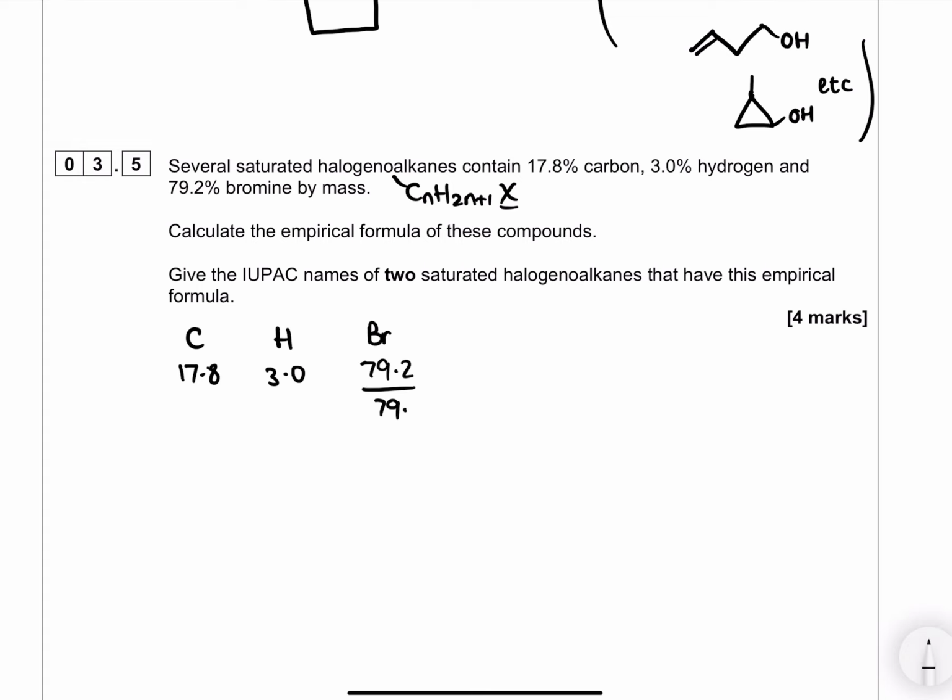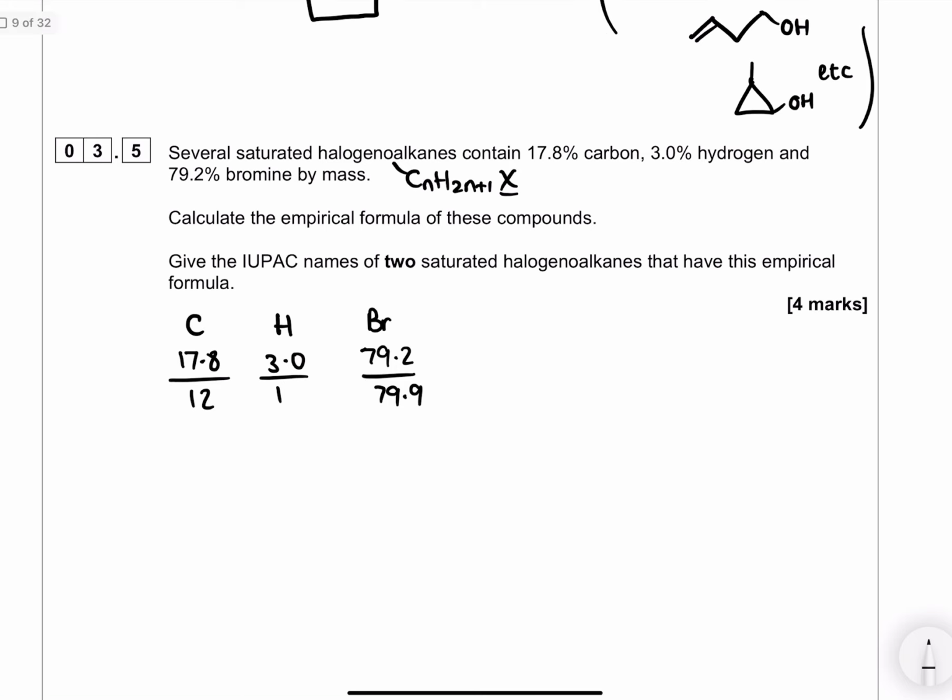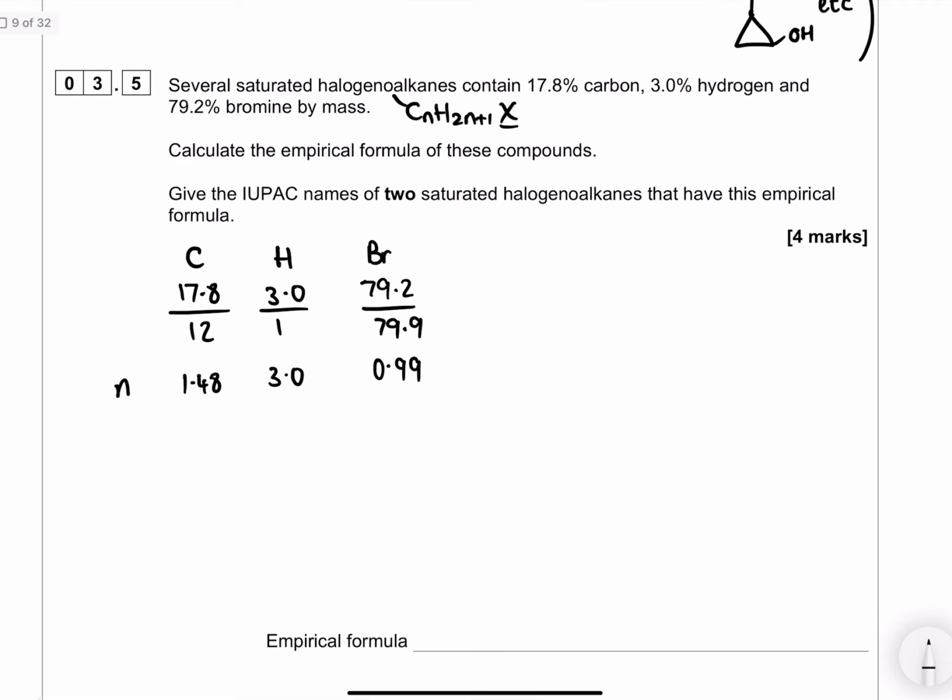Let's convert mass to moles by dividing by the Mr. So if we do that, we'll get 1.48, 3.0, and 0.99. And then if we divide by the smallest, we'll get 1.